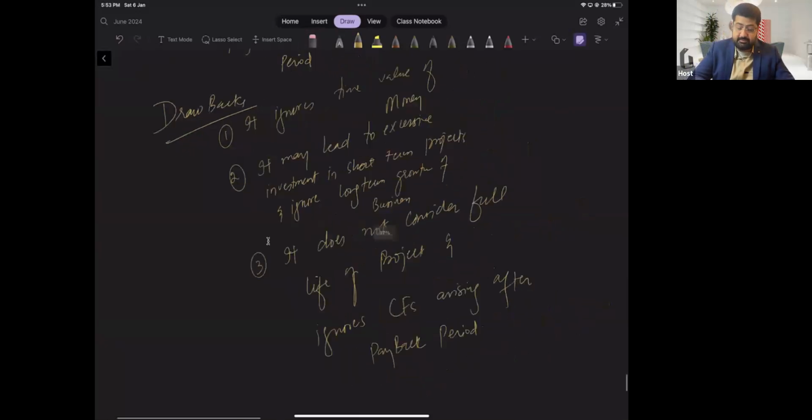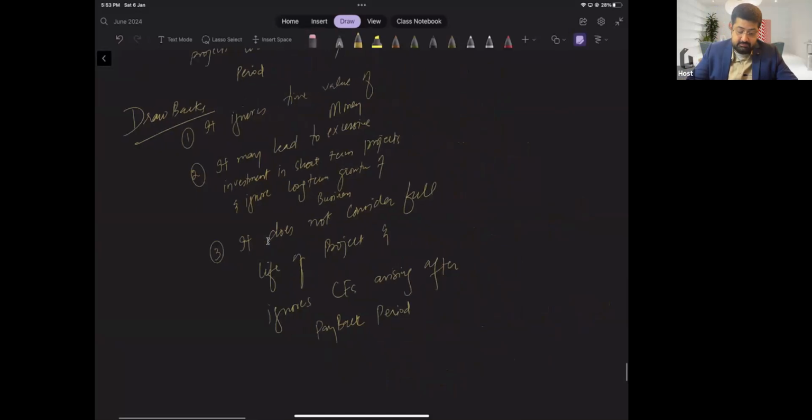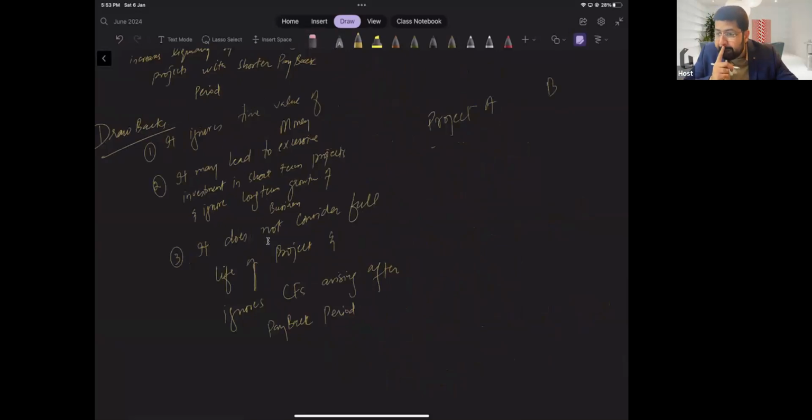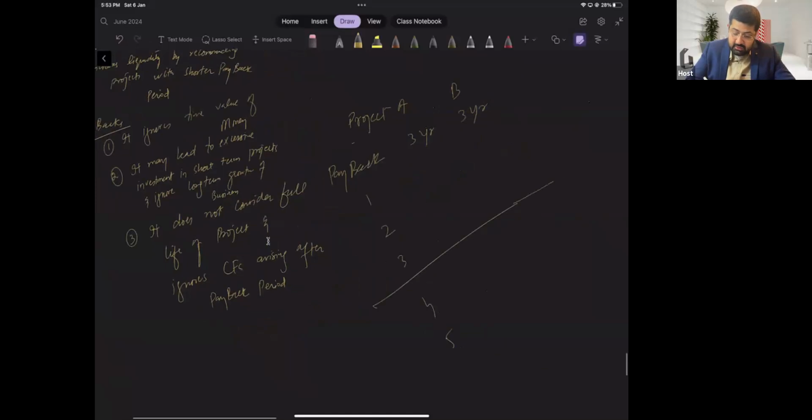You see here, this is project A and project B. Both have a payback of 3 years, for example, over years 1, 2, 3, 4, 5. Based on payback, we can choose either.